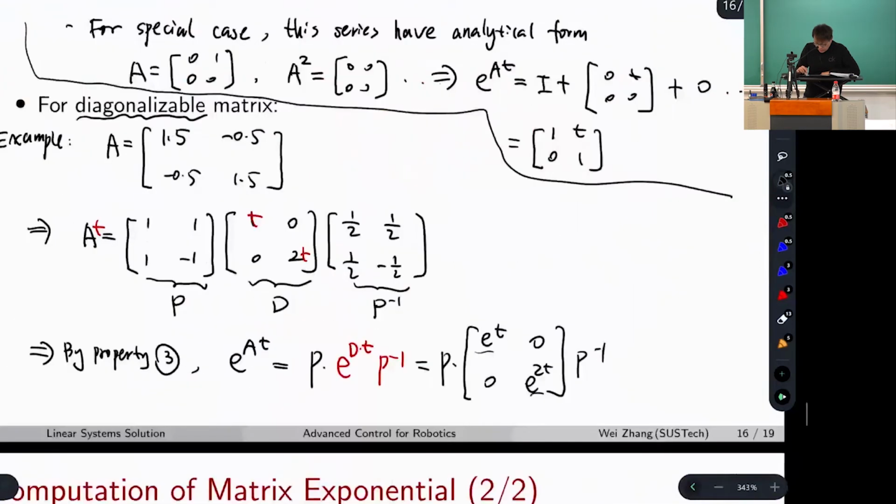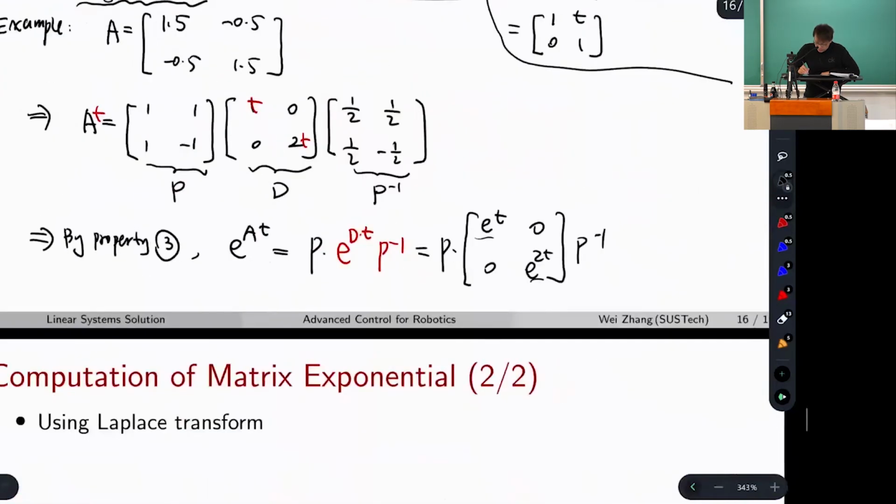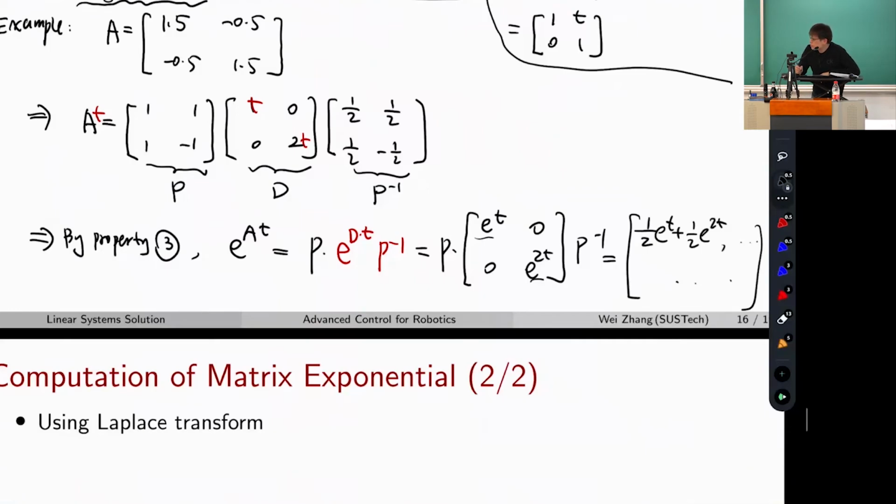In this case, if you like, we can further compute it. We'll have something like 1/2 e to the t plus 1/2 e to the 2t. I don't have space. You can compute them. That's the first row and first column. So you can see the response, let's call this the response map, has exponentials raised to the power t and 2t.